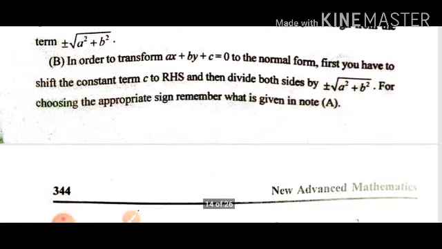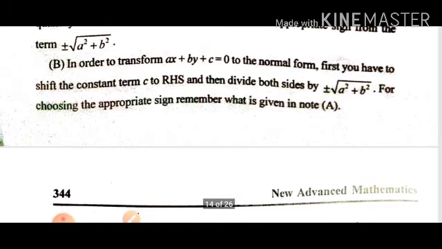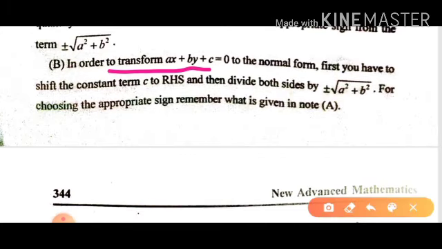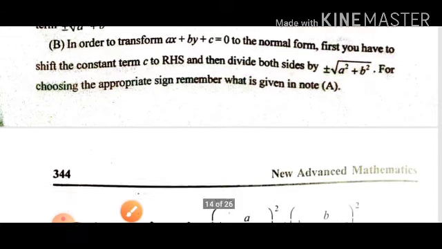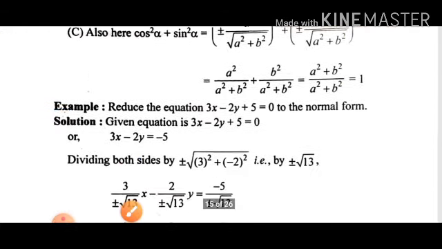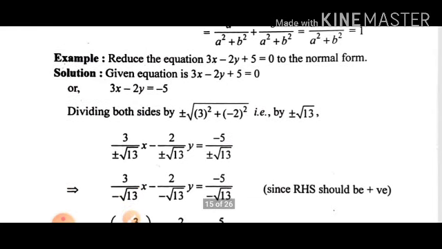So in order to transform, we just have to shift the constant term to the right hand side, and then divide both sides by plus minus root over of a square plus b square. See, the normal form.